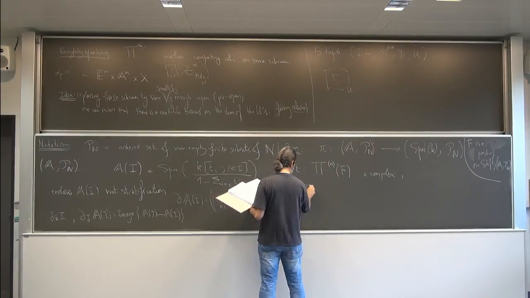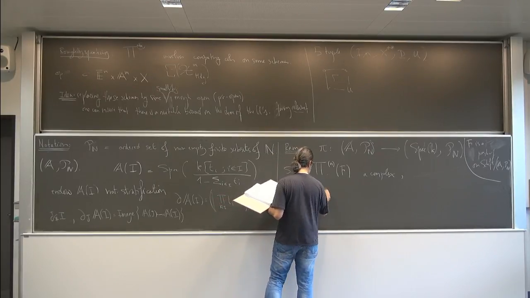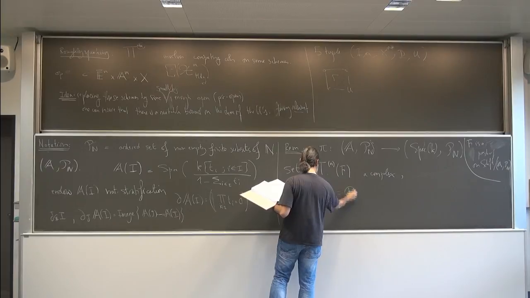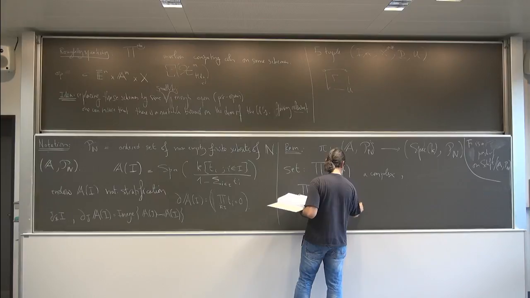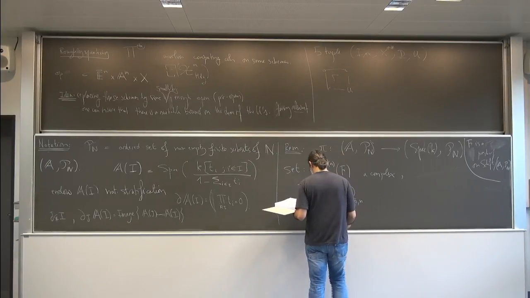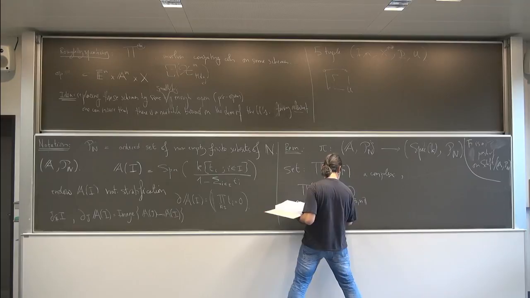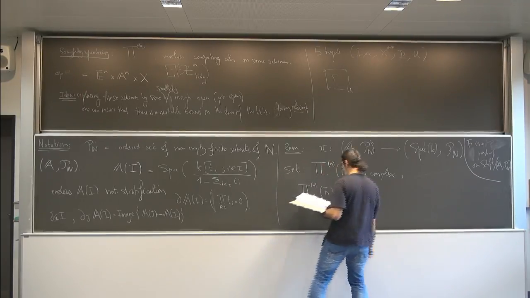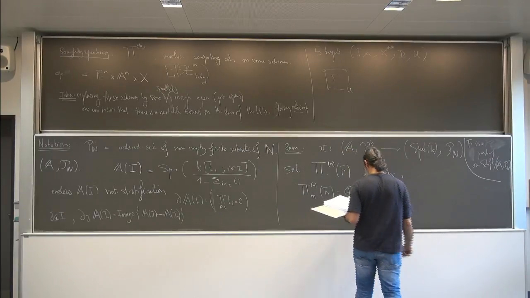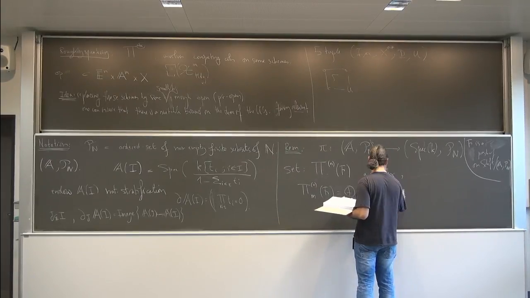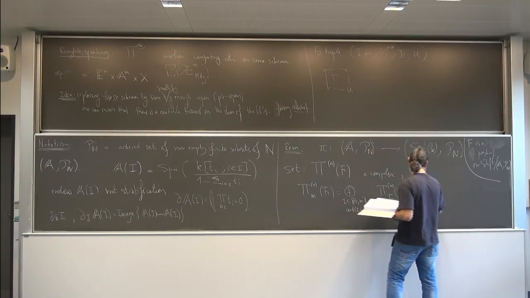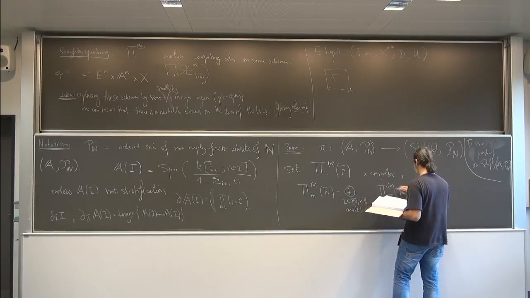So pi_n in degree m of F is a direct sum over I inside 0 to n, the cardinality of I is n plus 1, of pi_I F, where there is no need for n here.